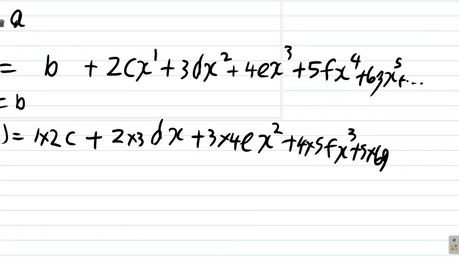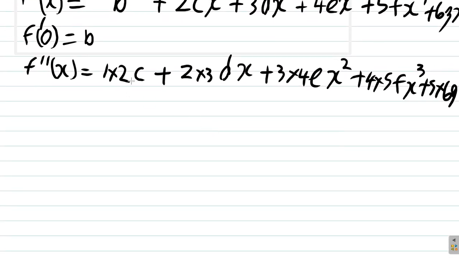Remember, it's the power rule we're using. 5 times 6, right, times g x to the 5 minus 1, which is x to the 4 plus, and so on and so forth. So you see that? All right.